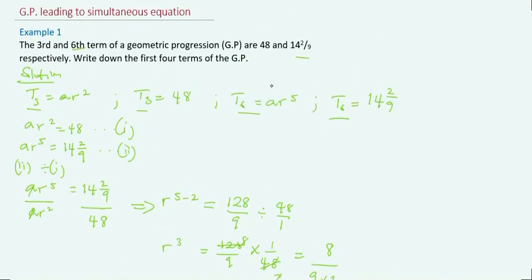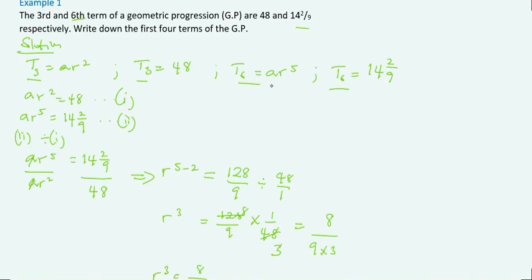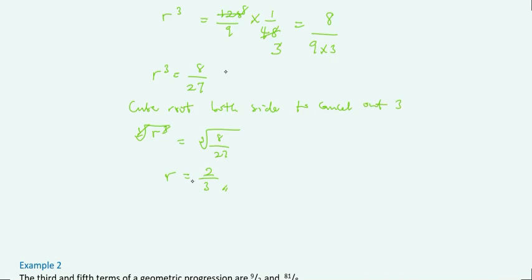Now if you observe very well, they said write down the first 4 terms of the sequence. So we have been able to get our r. We have to get our a now. Since it's a simultaneous equation, let's look at our work here.